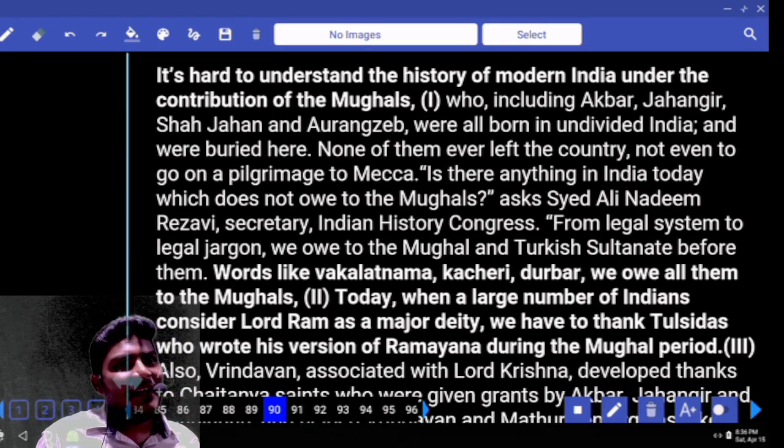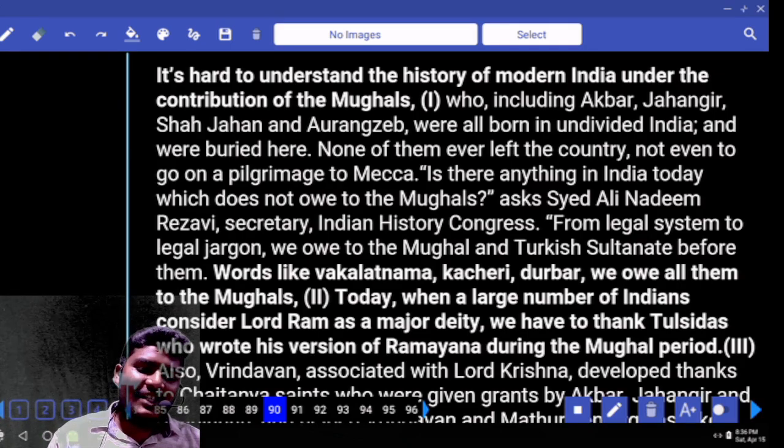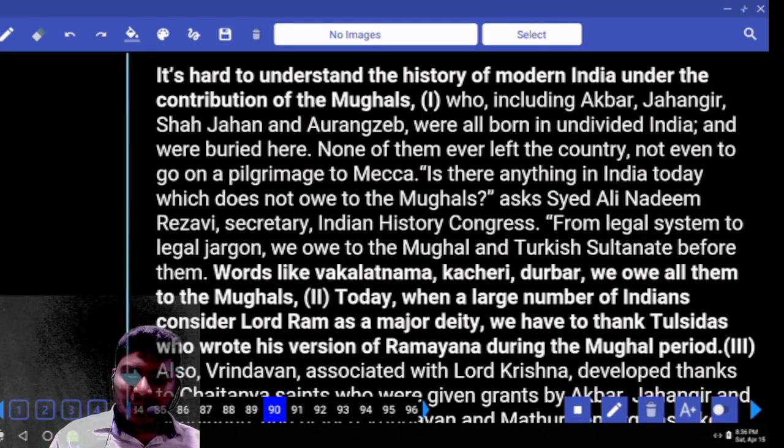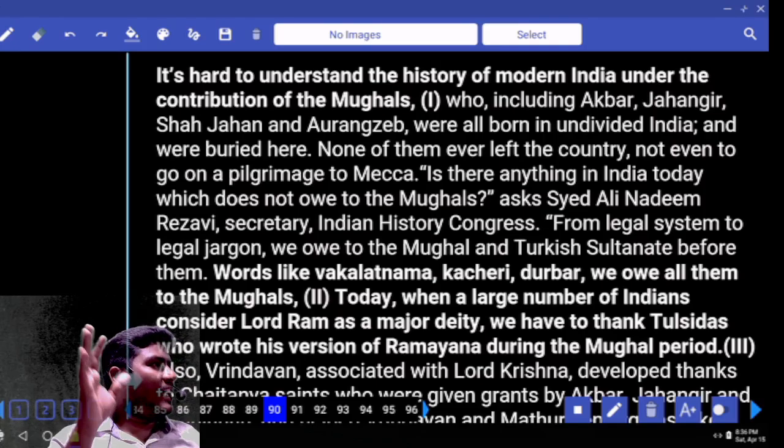This is taken from April 9th in the newspaper. Go to question number 86. Question number 86, taken from April 9th newspaper, Hindu. Question number 87, 88, below that is taken from April 6th, Hindu again.